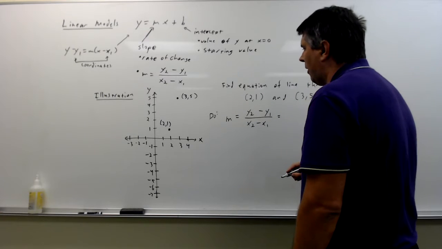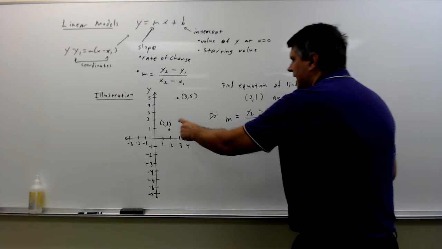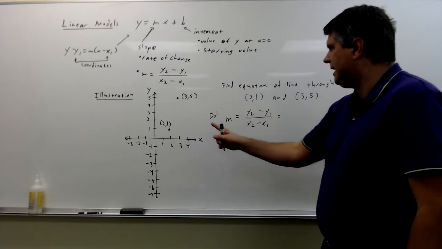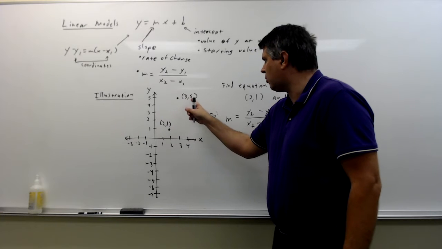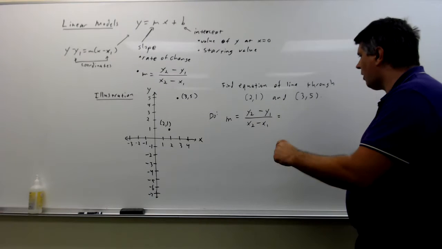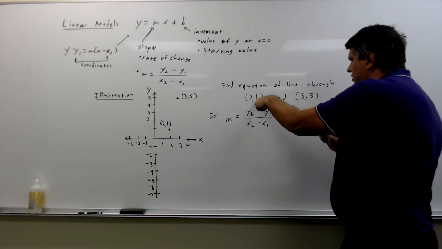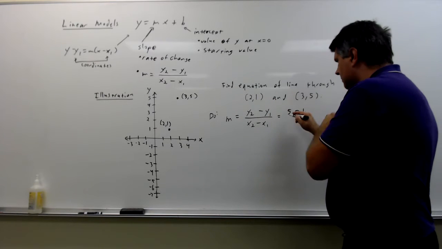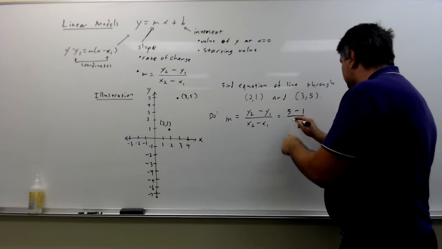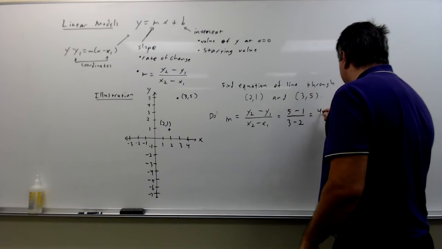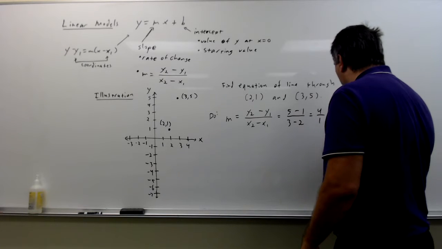Now, it's always x, y, x, y: x coordinate, y coordinate, x coordinate, y coordinate. So I would take the second y minus the first y over the second x minus the first x. That gave me 4 over 1, which was 4.